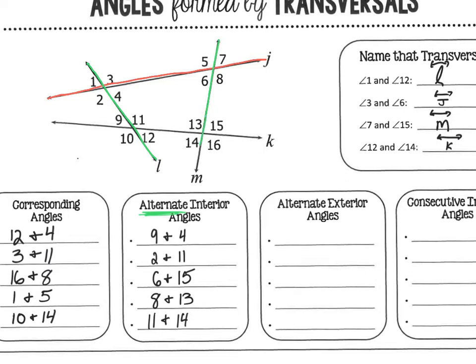So now we just looked at the interior ones, right? Which means those are the ones that were on the inside of those two lines. So what would be our exterior numbers now? So the ones that are on the far part of those lines. So we want exterior angles.